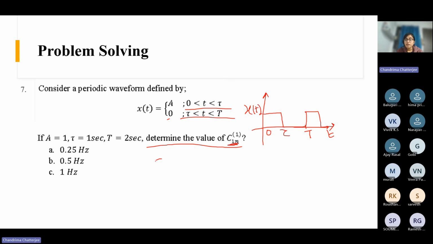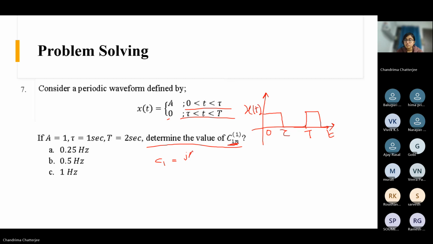Now we will have to find out what is C1. C1 you can find out by using the same expression that we were using earlier for the third harmonic, for the second harmonic. The same expression you can use and you will find out.